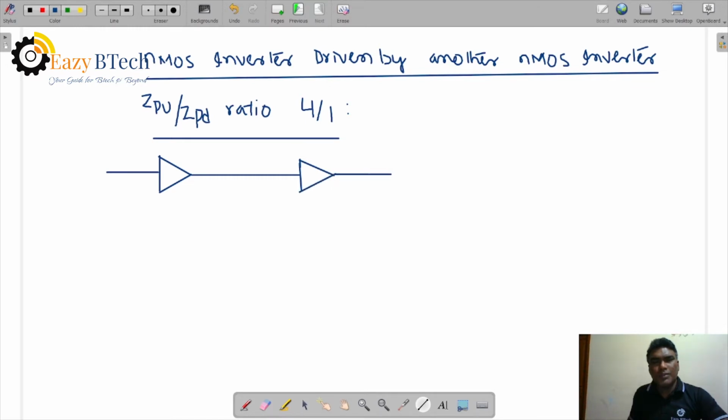So last class we discussed about inverter. The design of an inverter in MOS transistor in digital circuit design gives a fully logic 1 or fully logic 0. So if input is degraded, it gives a fully logic 1 and fully logic 0.